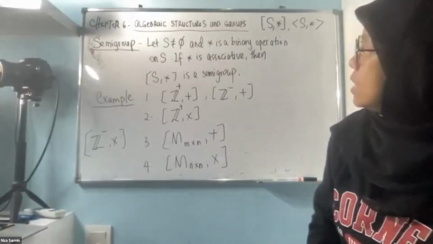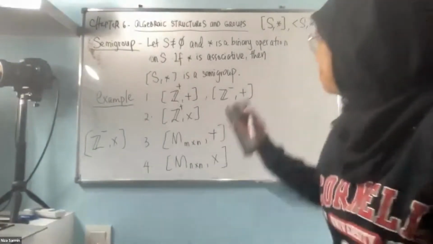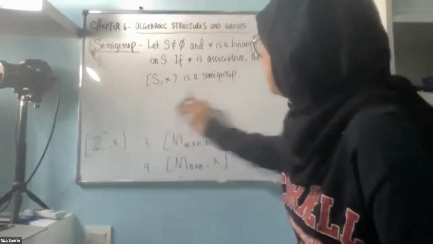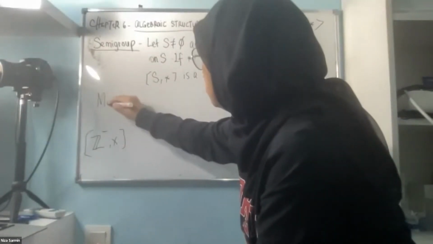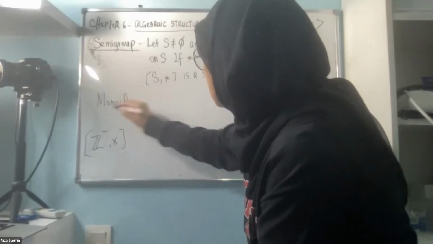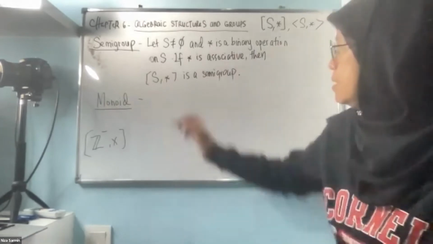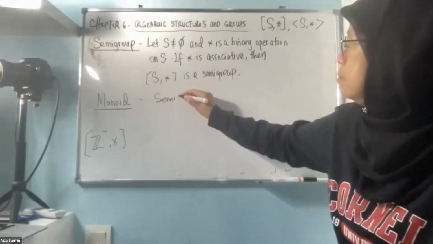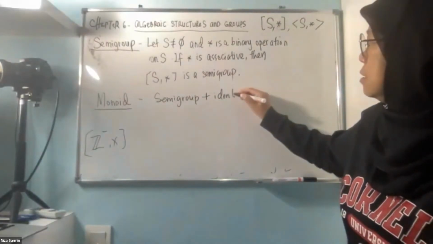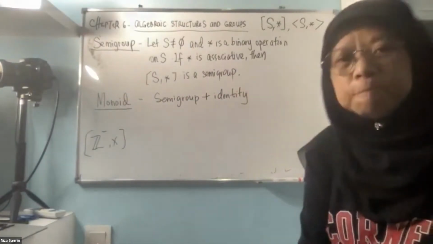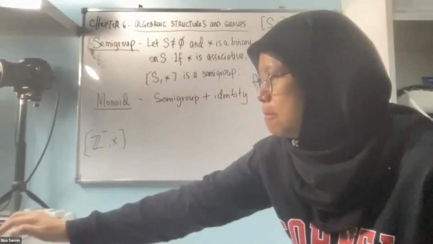All right, semigroup plus identity, that is another name. Okay, the name is monoid. Okay, this is semigroup and identity. The name is monoid.